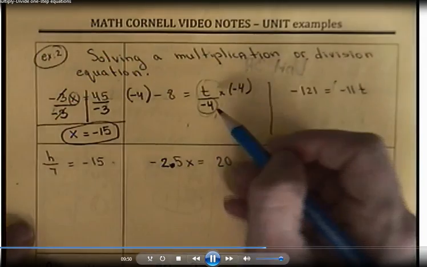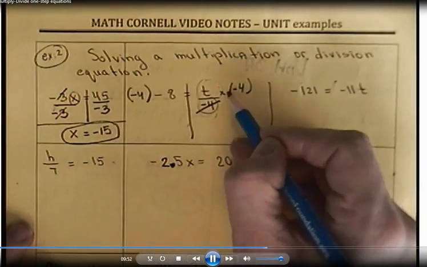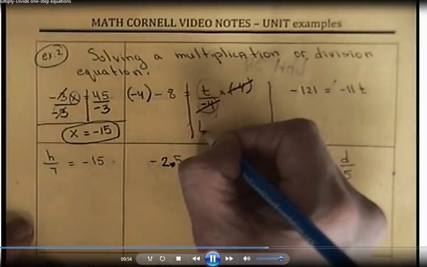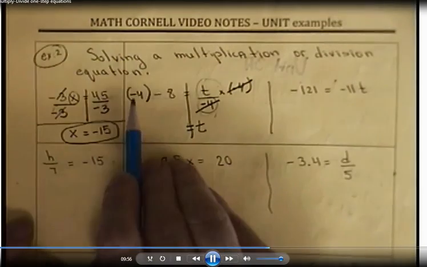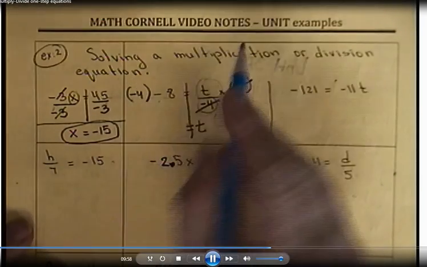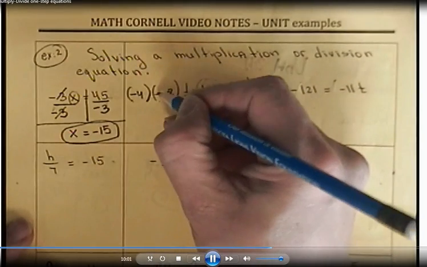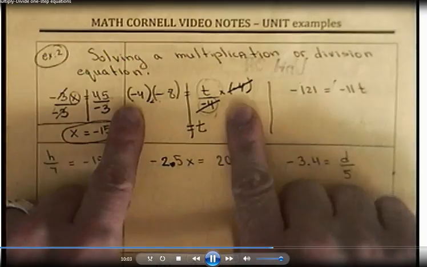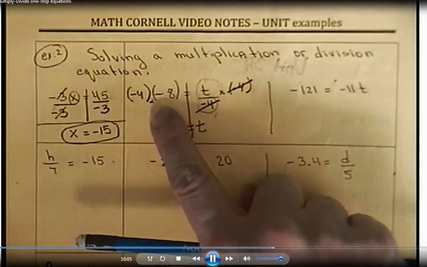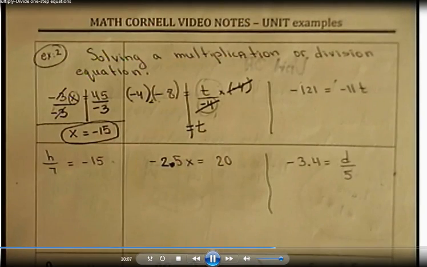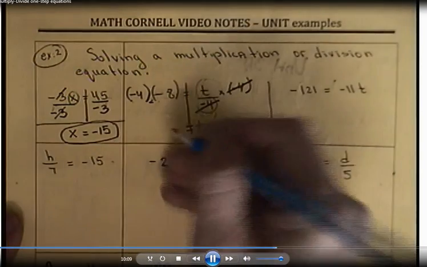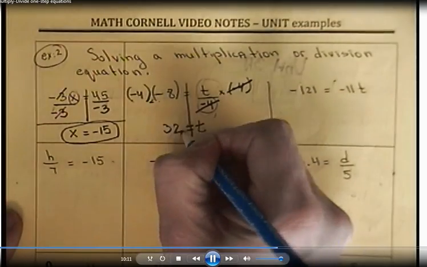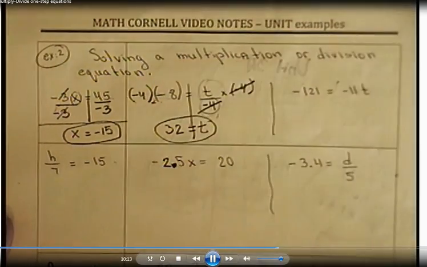When you multiply like this, these cancel. Only variable t is on the right, and remember this is a multiplication, we're multiplying both sides. So it will be -4 times -8, and that will be positive 32. And that's how we get t.